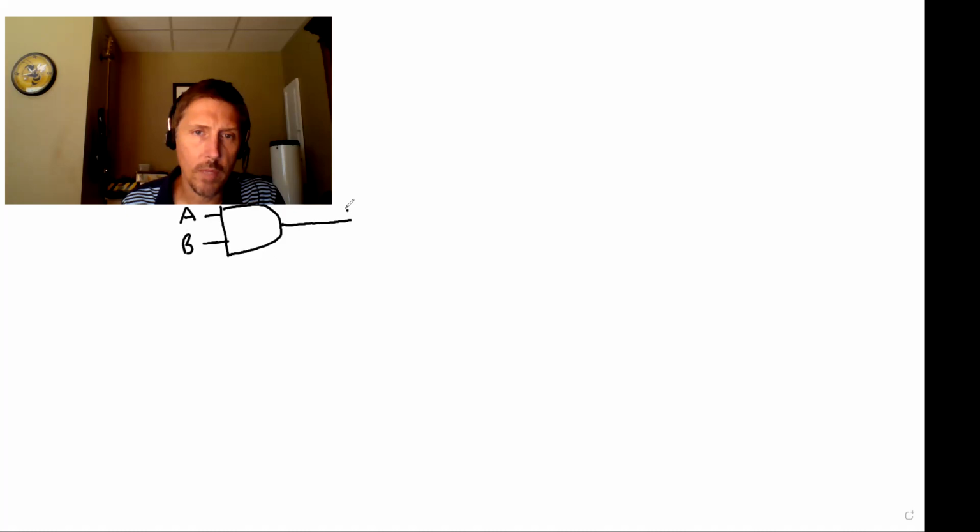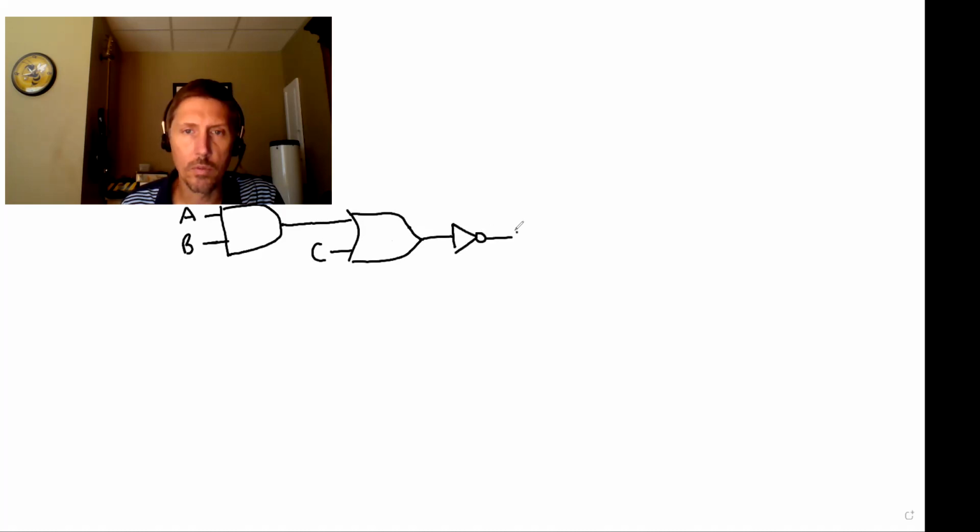We go from the AND gate into an OR gate, and we have a C input right here, and from that we would go into a NOT, and our final output would be R.